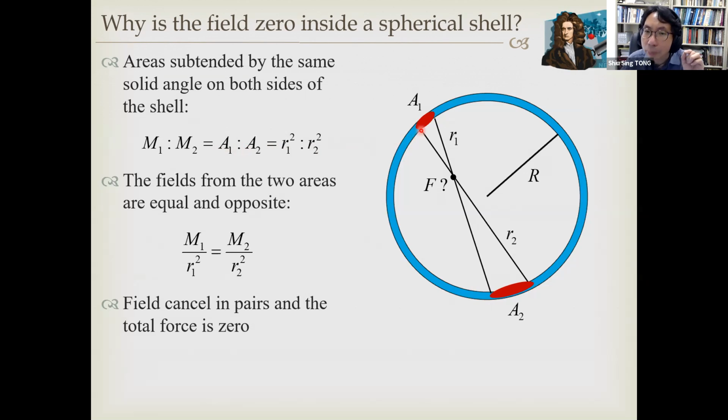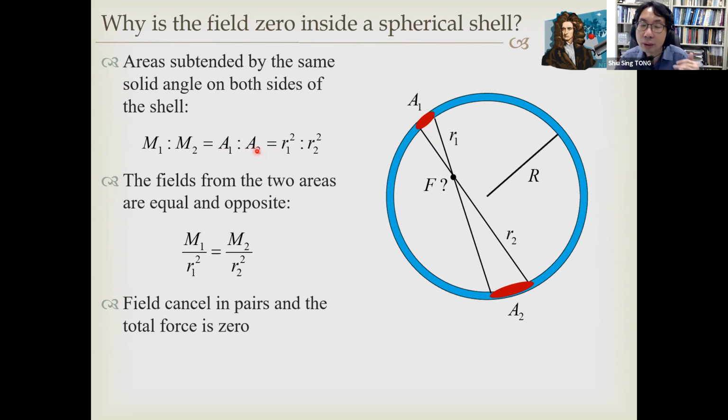Now, this is a cone. These two cones have the same angle at the vertex, so they are similar to each other, right? And if they are similar, the area intercepted should be proportional to the square of the distance, the square of the height of the cone.